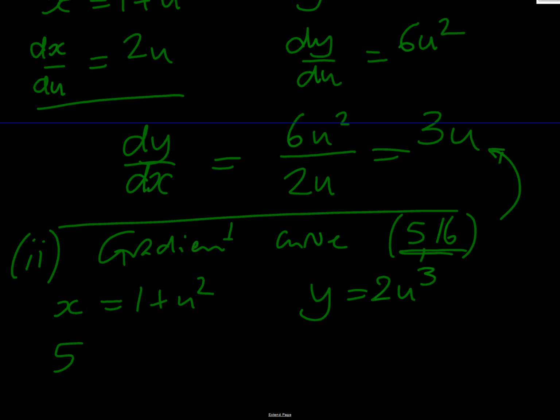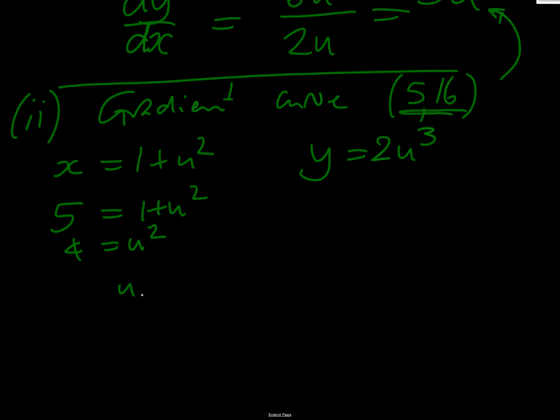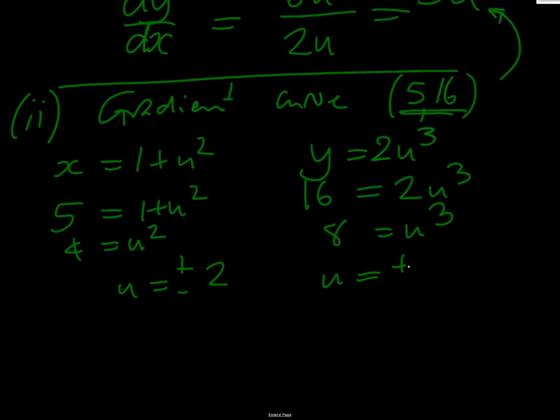Well, on the left hand side we've got 5 equals 1 plus u squared. I'd usually do the x first, so that means 4 equals u squared, and therefore u equals plus or minus 2, doesn't it? And in this case we can see on the right hand side, might have got us there quicker, y value 16 is 2u cubed, so 8 equals u cubed, so u equals plus 2.